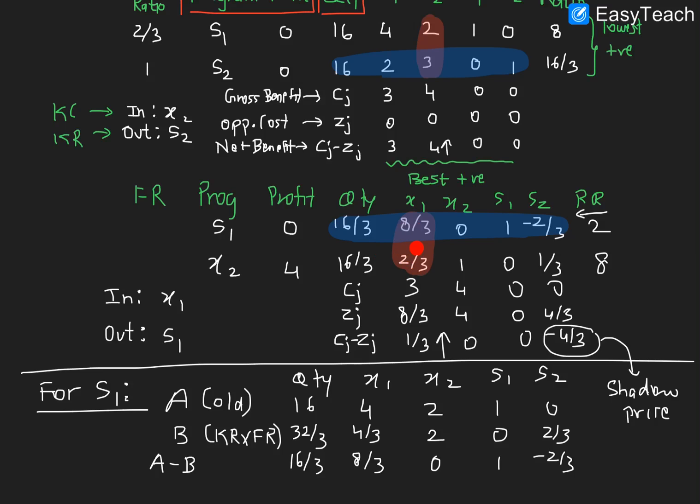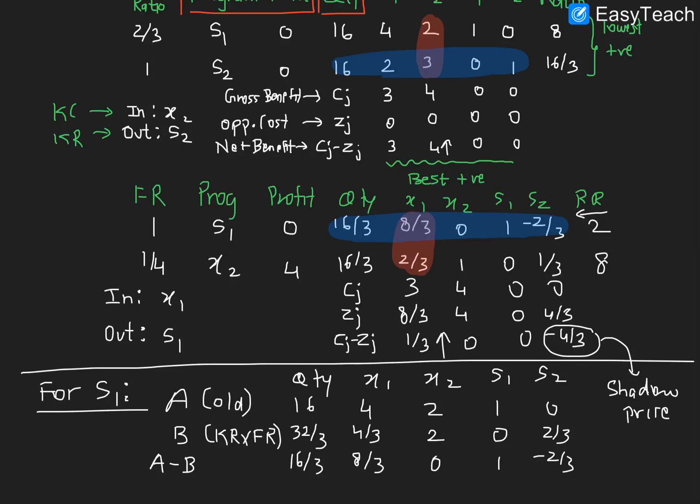So the fixed ratio is simply, as we have seen, the key column divided by the intersection. So for the first one it is going to be 0, 8 by 3 divided by 8 by 3. For the second one it is 2 by 3 divided by 8 by 3. So that's basically 1 by 4.